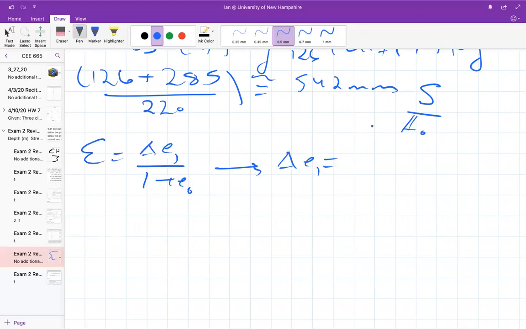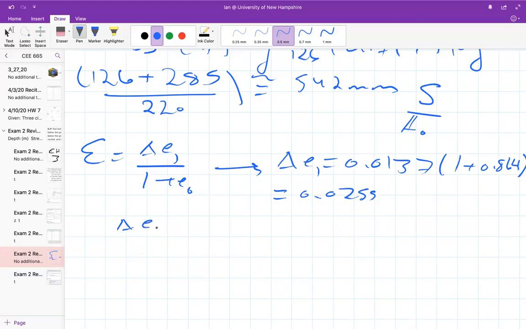So for layer 1, we'll just get 0.0137 times 1 plus 0.864, and that will give us 0.0255.